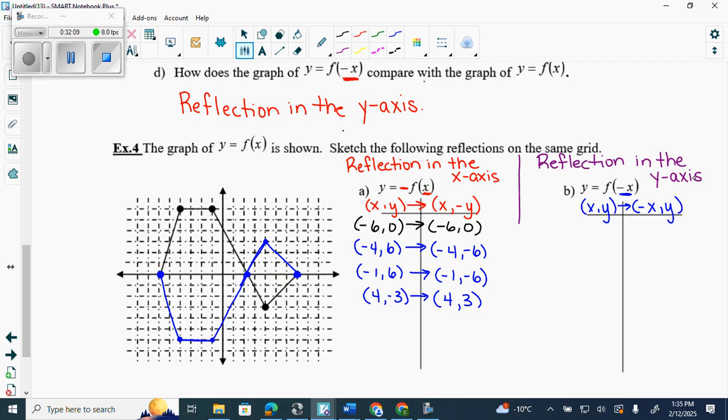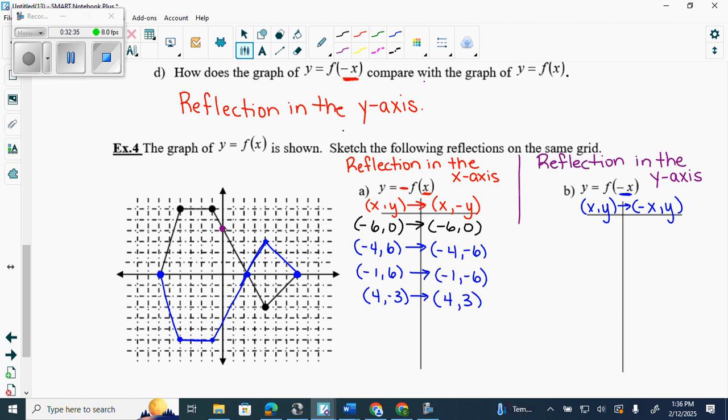And the place that's going to be invariant is the y-axis. So I can go here right away and I can put a dot on it. That baby's staying for life, right? That's my invariant point. Do we agree? The one on the y-axis? Because its x value is 0. And if I negate a 0, it stays 0.